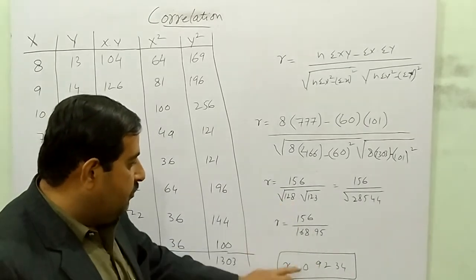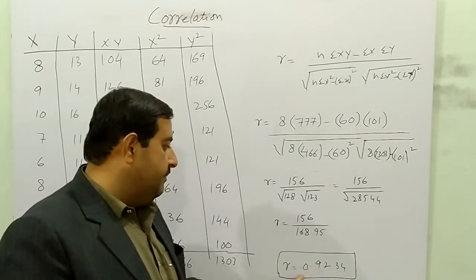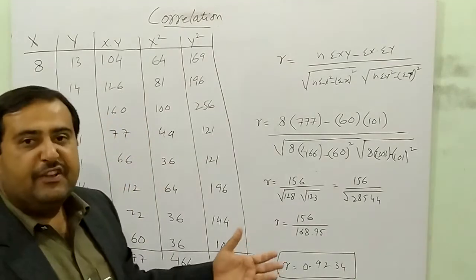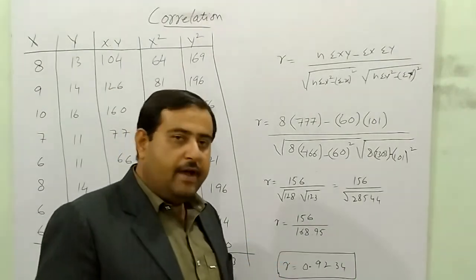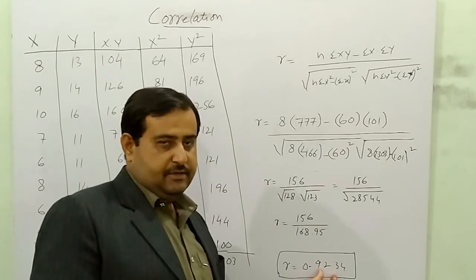When we divide, this actual correlation becomes 0.92. It means a best correlation between x and y, because it is 92%, not perfect but best.